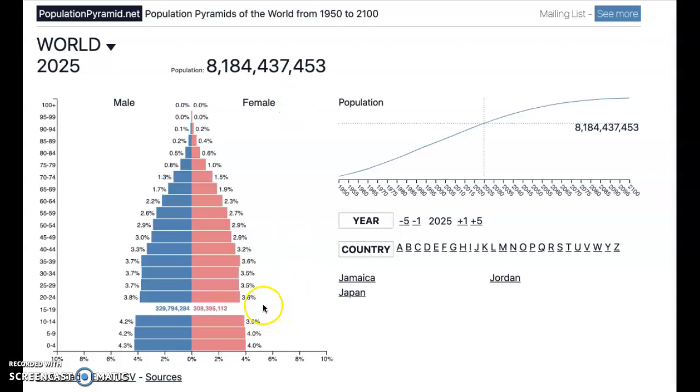Certainly the group under the age of 15 worldwide, but maybe here in the United States under the age of 18 or 20, are much more dependent on the age group between the age of, say, 20 to 60 or 65. That's the working age group. So this young age group is dependent on them, and this older age group is also dependent on them. And that's the dependency ratio, another vocabulary term.